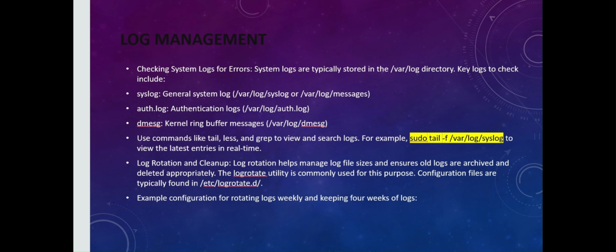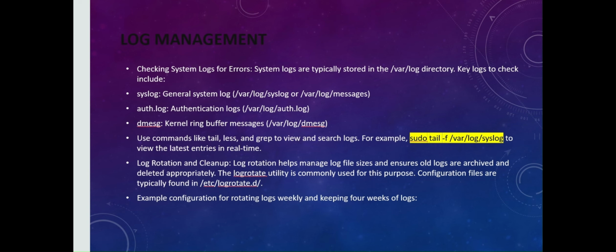Now is managing your logs. That entails checking system logs for errors, which are typically stored in the /var/log directory. Key logs to check include syslog, which is the general system log, located in /var/log/syslog or /var/log/messages. Next is auth.log, authentication logs, stored in /var/log/auth.log.